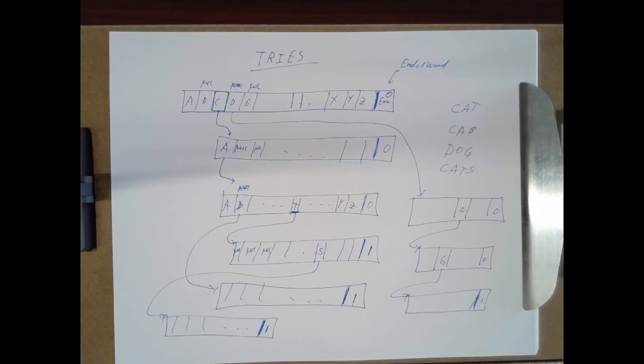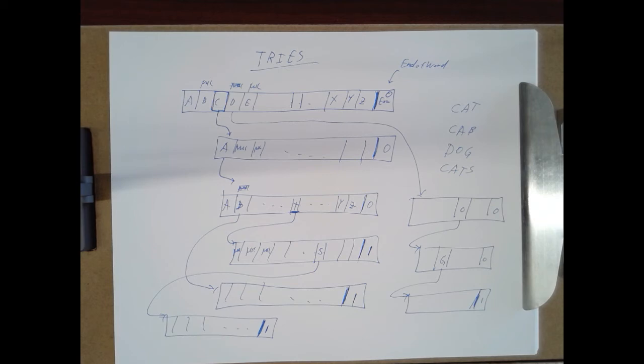And there's 26 to the 11th possible words. That's a lot of words. Doesn't matter, 11 operations, I can find or conclude that any word is not found in this structure. So this is order 1, right? This is a fixed amount of time, regardless of how much data we store in this. And that's pretty cool.